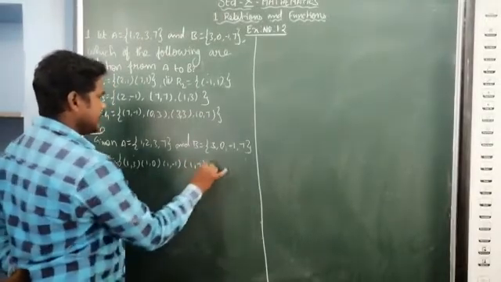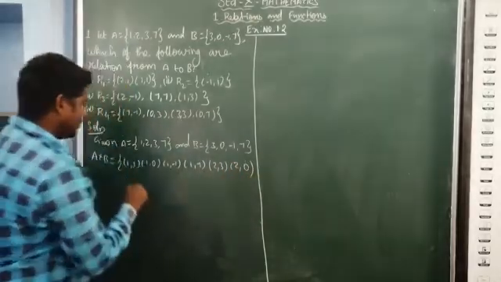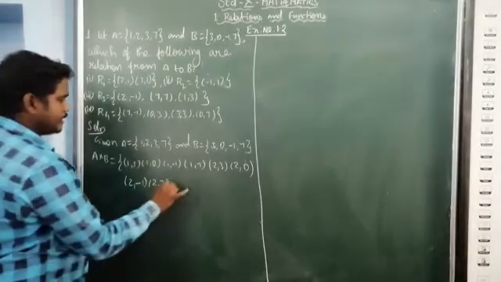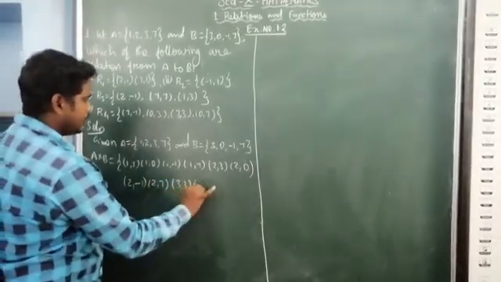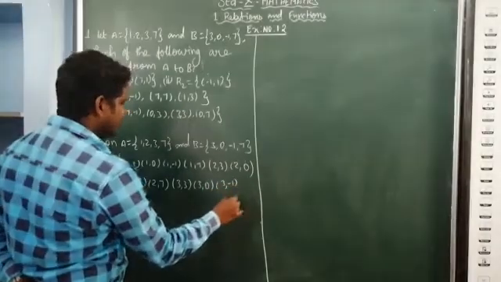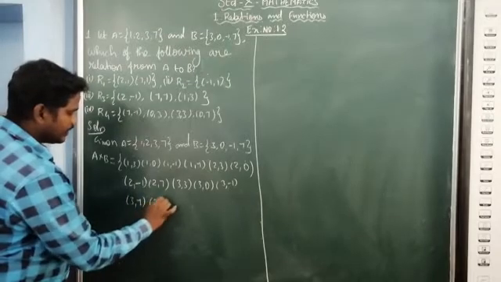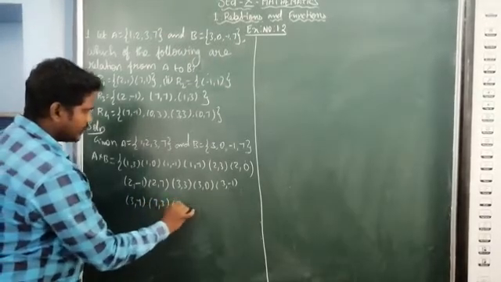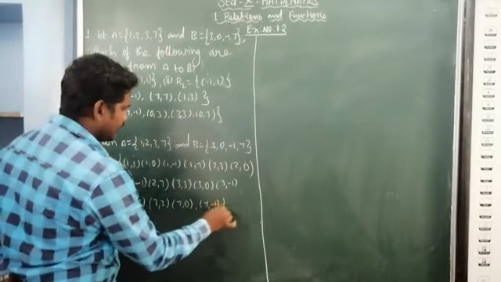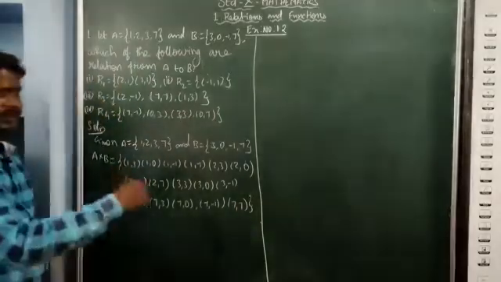The next: (2,3), (2,0), (2,-1), (2,7). Next: (3,3), (3,0), (3,-1), (3,7). Next: (7,3), (7,0), (7,-1), (7,7). You have to find the set of ordered pairs.